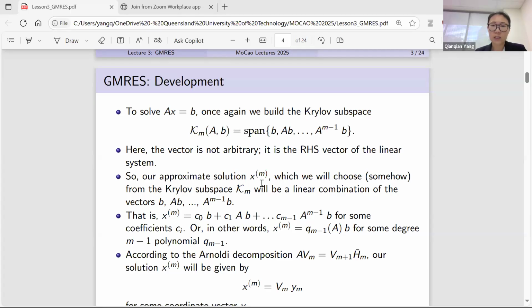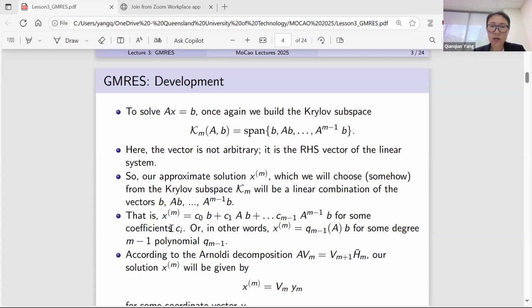And our approximate solution x_m, which we will choose from this Krylov subspace, will be a linear combination of these vectors b, Ab, and so on.